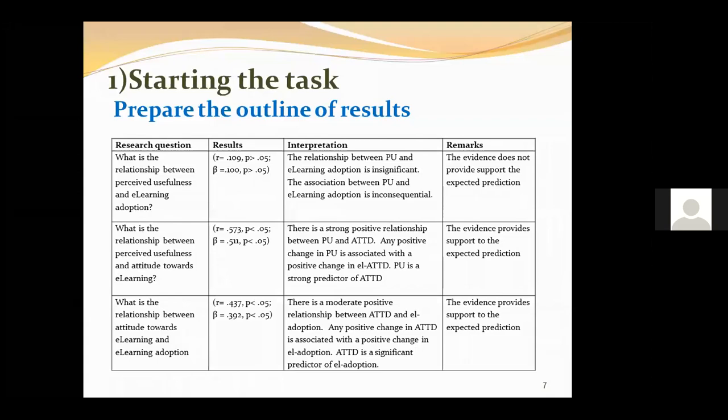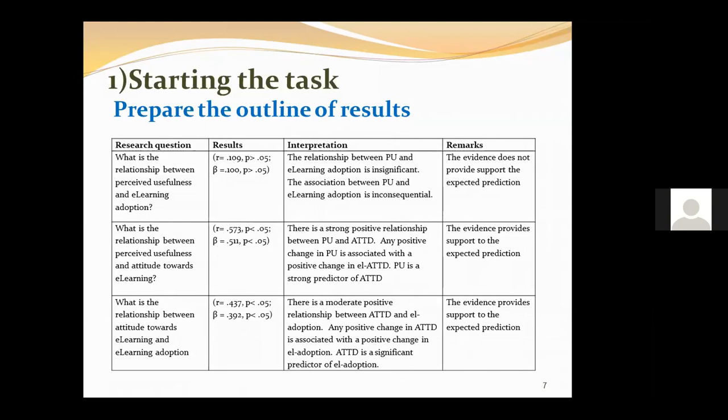For instance, the first research question is, what is the relationship between perceived usefulness and e-learning adoption? Those are the results. You can see the p-values are greater. So the interpretation there is the relationship between perceived usefulness and e-learning adoption is insignificant. The association is inconsequential. So what are your remarks?